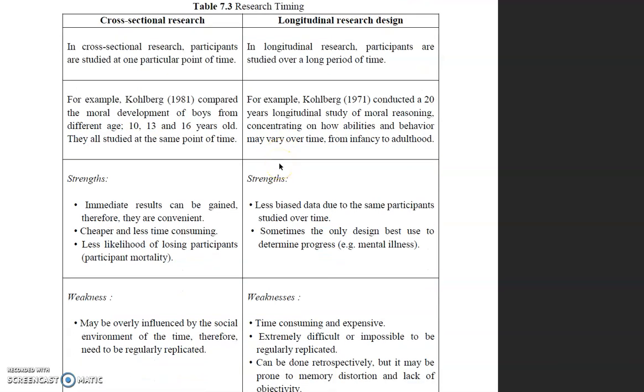We have here a comprehensive overview, it should be complete enough to explain to you the differences between these two types of research timing. We will look at cross-sectional first in terms of data collection.